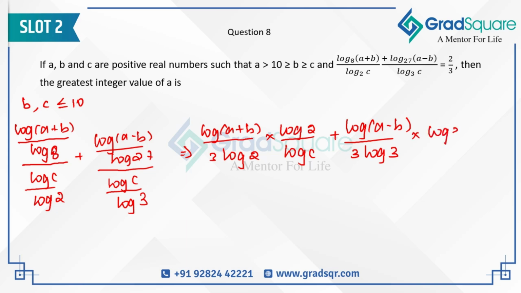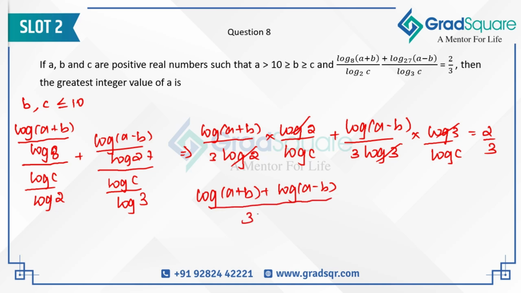This will become log of 3 by log of C, which should be equal to 2 by 3. Now log of 2 cancels, log of 3 is knocked off, so remaining I'll get log of A plus B plus log of A minus B divided by 3 times log of C, which should be equal to 2 by 3. 3 gets cancelled.